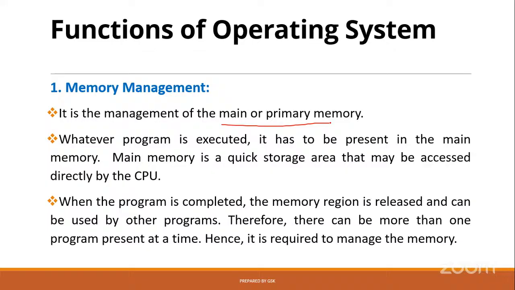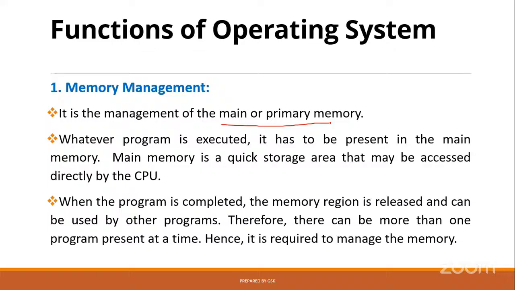Then only the program will be loaded into the main memory. If the program is loaded into the main memory, then only the CPU can execute that. So allocating the memory for the programs is the responsibility of the operating system. That is a part of memory management.